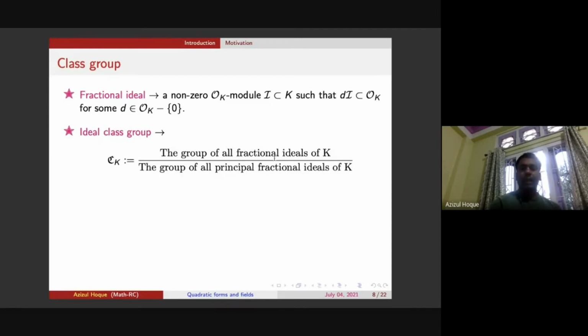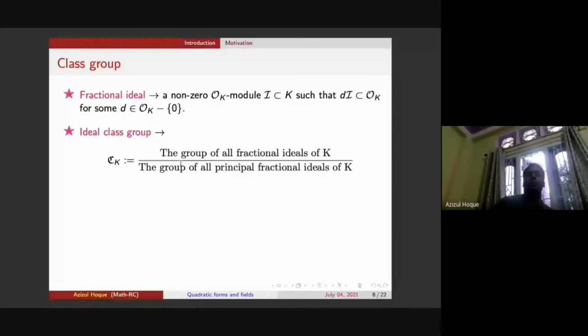And on the other hand, if you collect the principal fractional ideals, then you have this nice quotient structure. Okay, so this is an abelian group, and this is a subgroup of this one. So we have this quotient structure, and this quotient structure is known as the ideal class group.